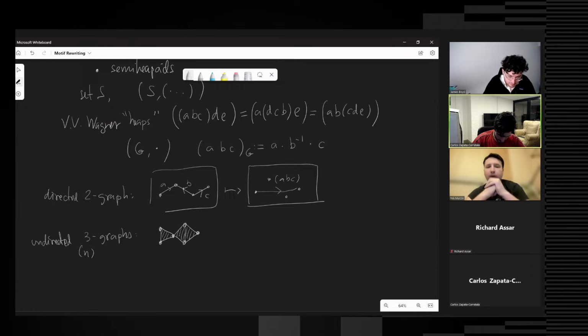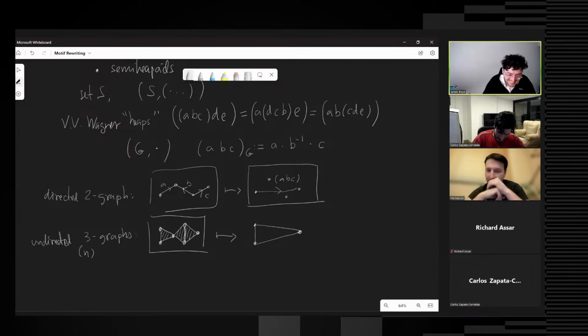Can we call them hyper edges? Yeah, absolutely hyper edges. I just say edges for short. And then this gets rewritten to a single triangle between the tail tips and the mouth, so to speak.